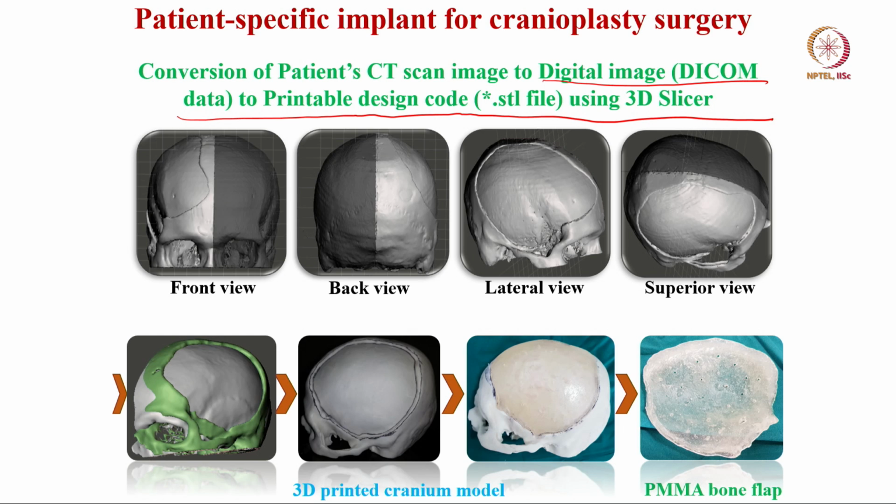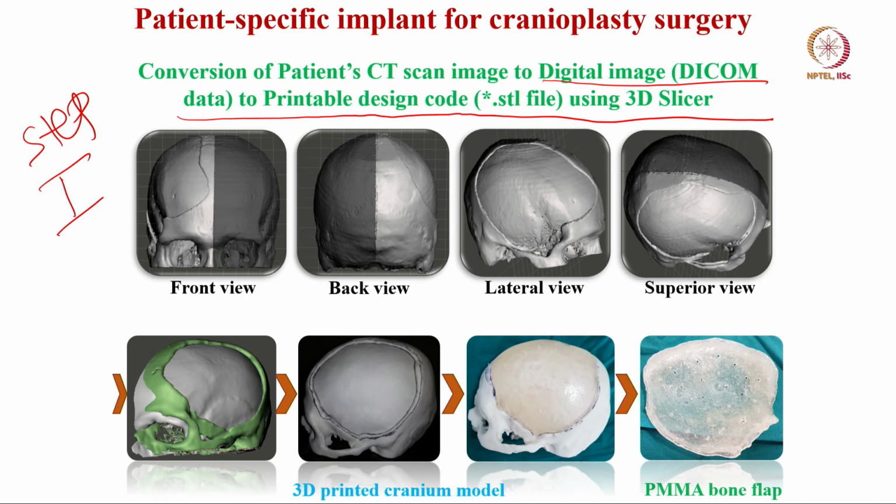Step 1, the way I have just described, is the key step, because if you do anything wrong, then the exact precise fitting of the bone flaps into the cranium defects will not be accomplished. This step often takes the most time, and the most intellectual input is also necessary.